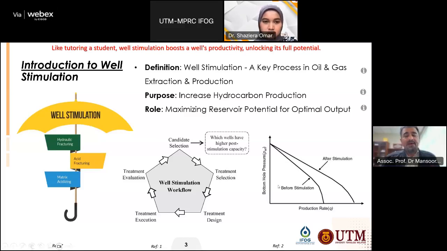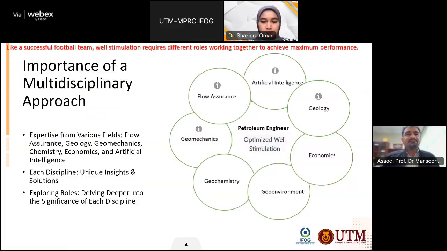And finally, this chart shows how stimulation can increase the production, really showing the improved performance relationship for a well before and after the stimulation.